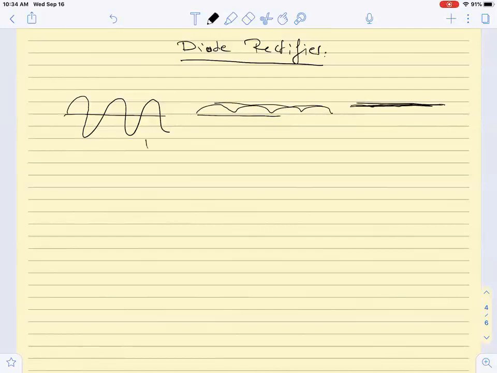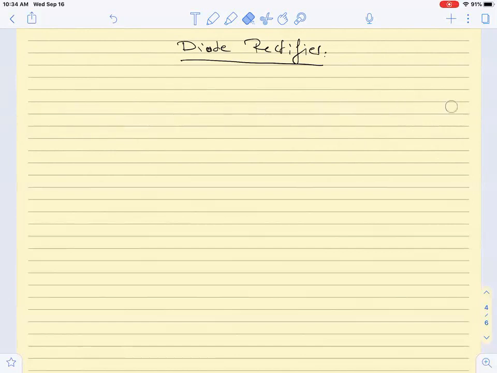Okay, so we are going from AC, or small signal, to DC. So all of these steps have specific circuits with diodes that are going to help us achieve this.